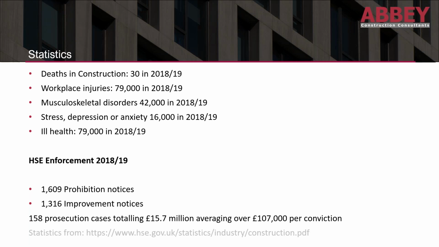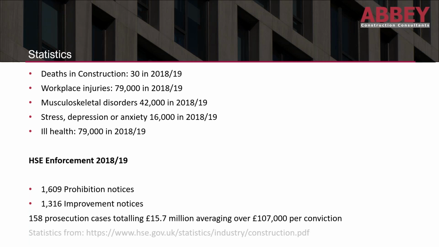HSC enforcement in that same period was 1,609 prohibition notices issued, 1,316 improvement notices issued, and from them there were 158 prosecutions that went to the courts and were successfully prosecuted. If you add all the fines from those 158 prosecutions, it comes to £15.7 million.